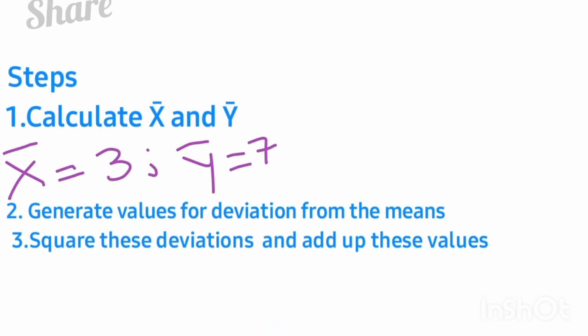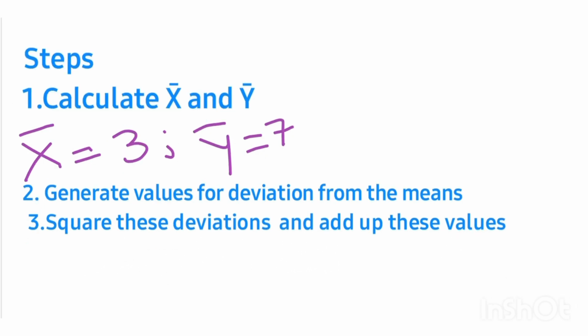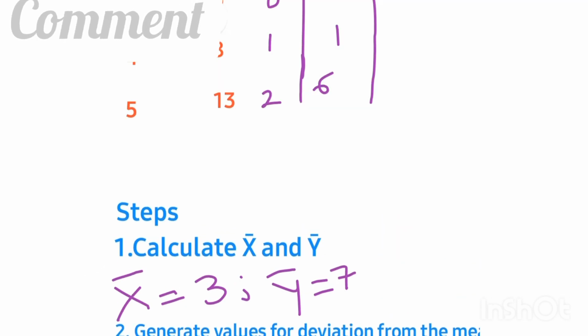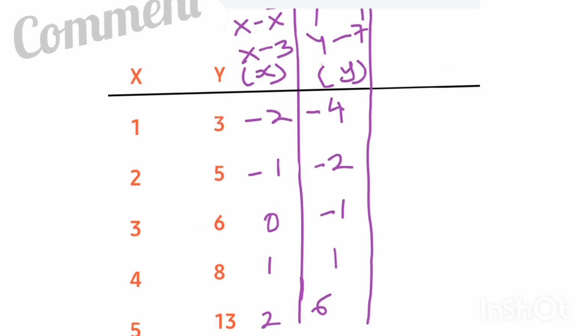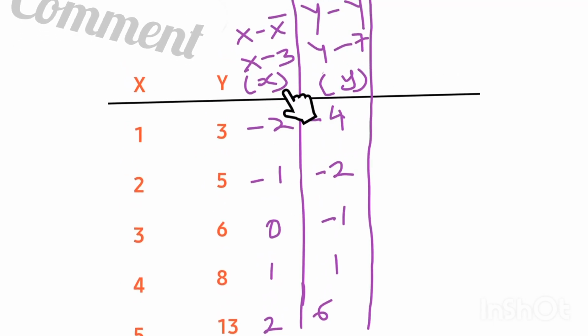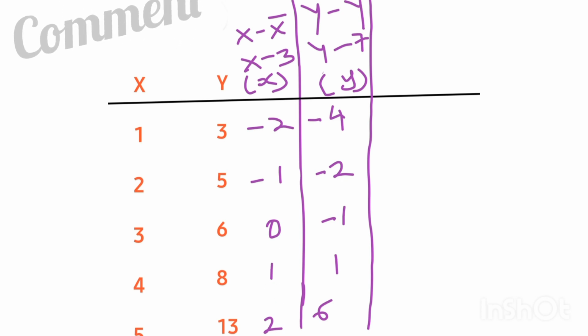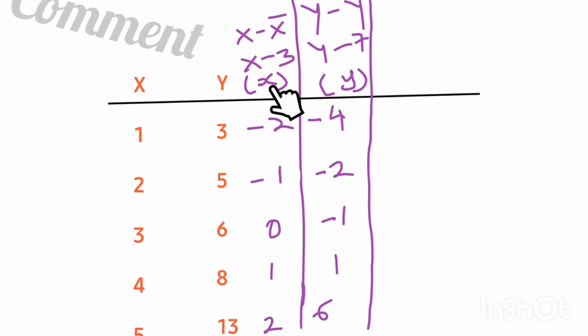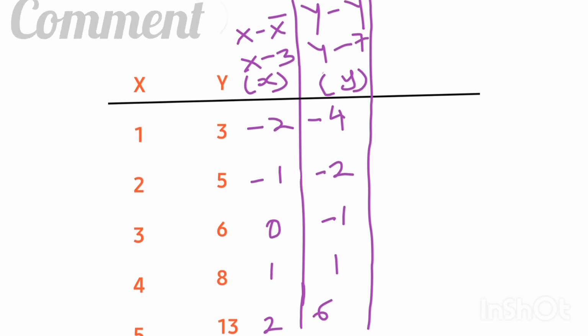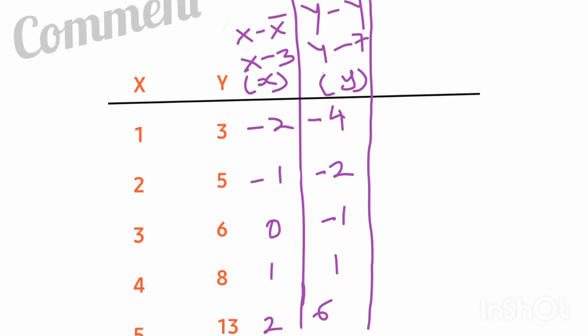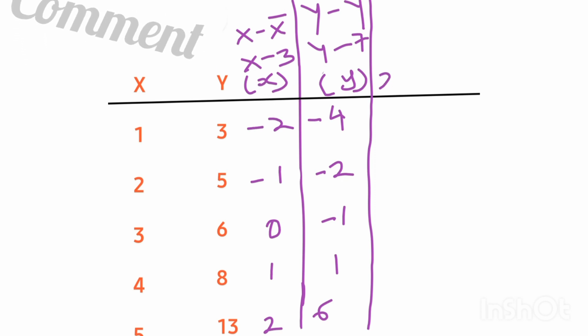Step 3 says, square these deviations and add up their values. This takes us back to our table. For the first series X, because the deviation is designated with small x, we have x squared.